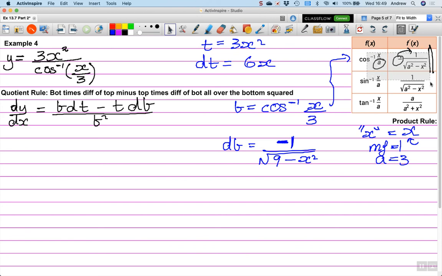So I'll quickly change all that to blue. Okay, let's get on with the next part of the problem, which is just applying it.